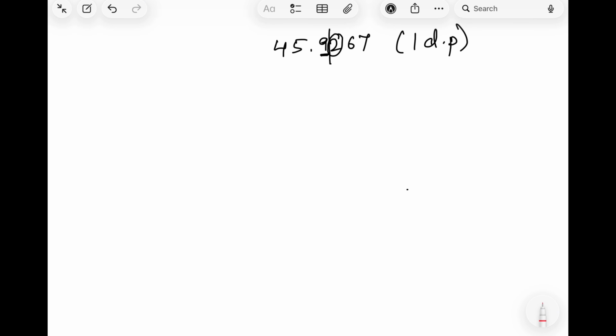The first decimal place is 9. We put a line after the first decimal place. Then we check the second number. It is 2, which is obviously less than 5. So we keep 9 as it is. So this will be 45.9. Here we are not putting 0 because they have only told us to write up to 1 dp. They want our answer only up to 1 decimal place.